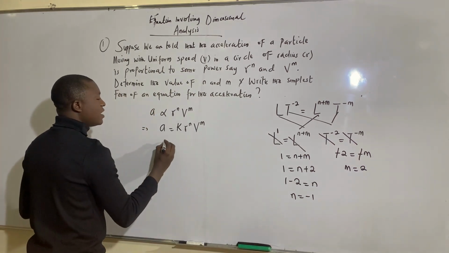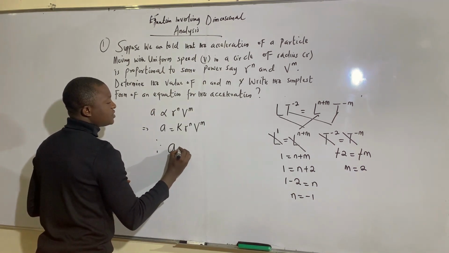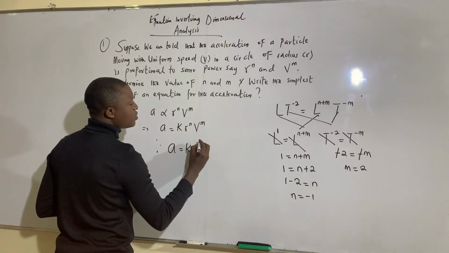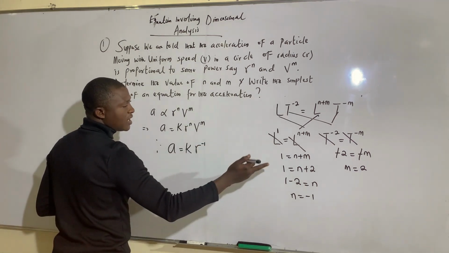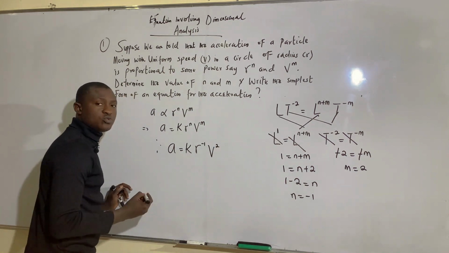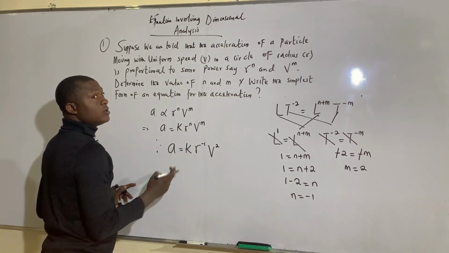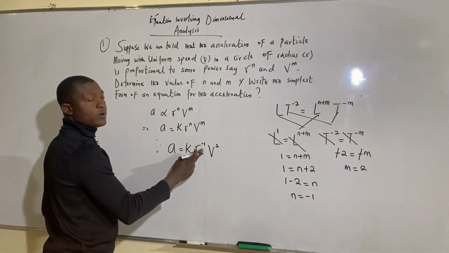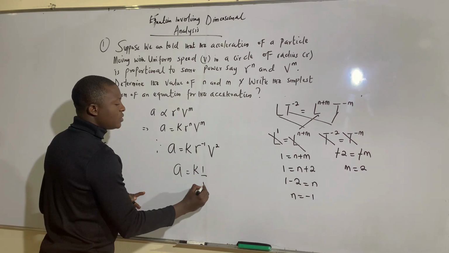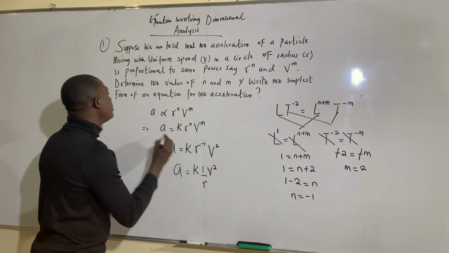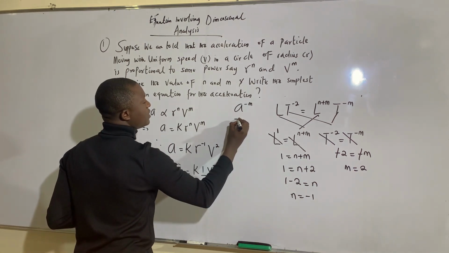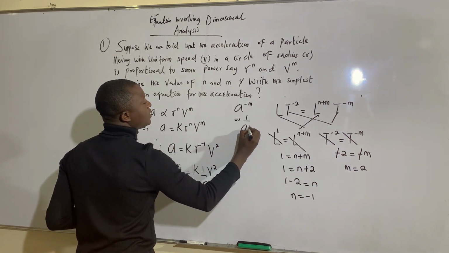So here, therefore, I can have acceleration to be k, r raised to the power. You can see my n is minus 1, and our m is 2, so I can have this one to be 2. Still I can apply the law of reciprocal here, since what I have here is r raised to the power of minus 1. So this one can just be a is equal to k, 1 over r, then v squared. In the law of indices, a raised to the power of minus m is nothing but 1 over a raised to the power of m.